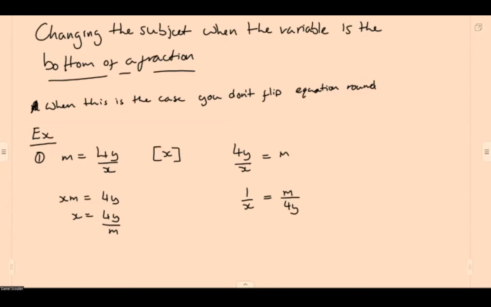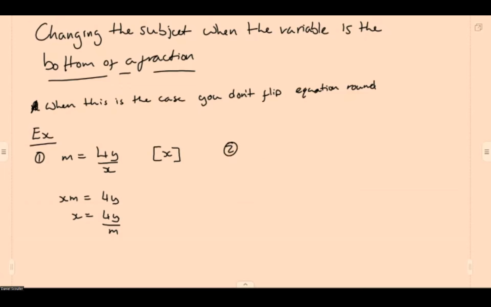That x is in the bottom of a fraction. Now that's mathematically correct, but that's not how we want to leave the equation in the exam. We always want to leave the variable that we're looking for, in this case x, on its own, on the top of a fraction.